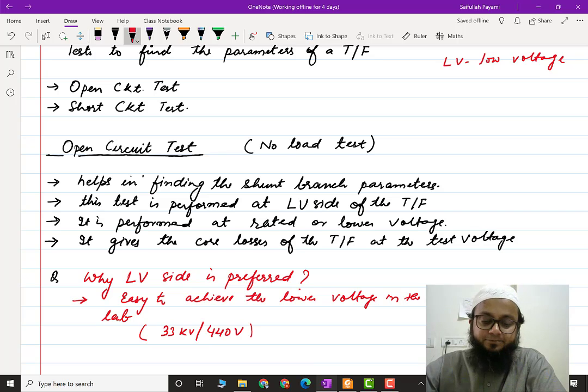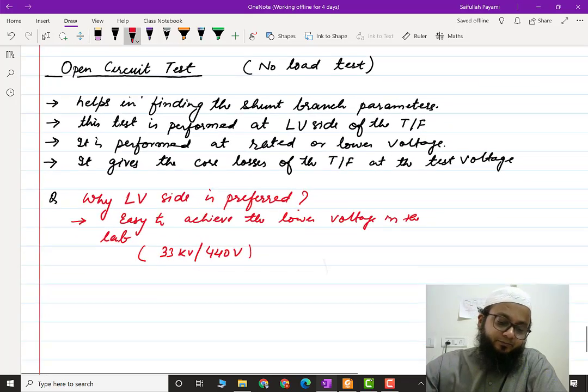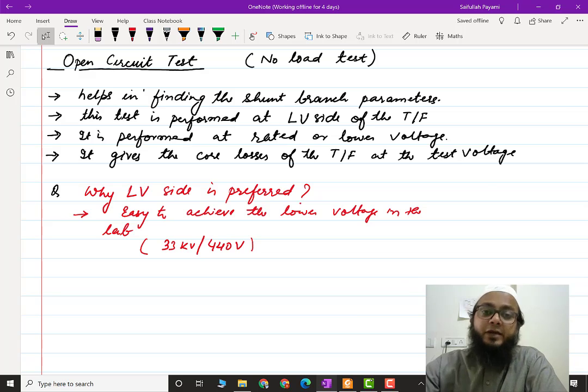Second thing is the open circuit test is actually a no load test. That means the current flowing in the transformer is only because of the core losses and the magnetizing current, and we have said that this is only 2 to 5% of the rated condition.